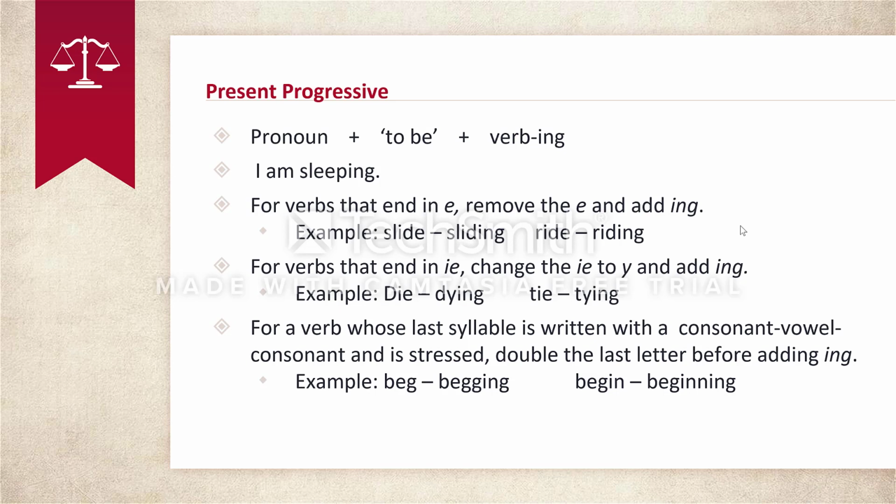So here we can see the general structures of pronoun plus our verb to be, and then we have the verb, and so the difference is now we have to add on "ing," which in Spanish would be the equivalent of "yendo" or "ando." So for example, I would say in the first example, I am sleeping. So we have our pronoun, we conjugated our verb to be, which in this case would be "I am."